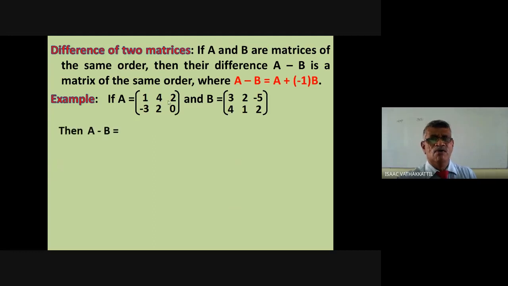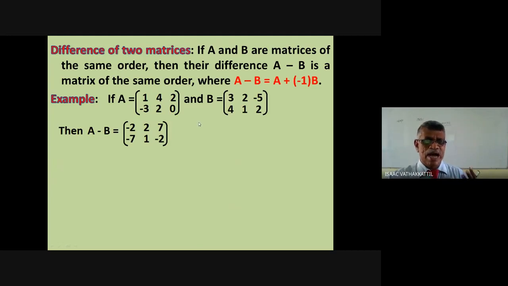Very simple. 1 minus 3, that is minus 2. 4 minus 2, that is 2. 2 minus 5, that is minus 3. Minus 3 minus 4, that is minus 7. 2 minus 1, that is 1. And 0 minus 2, that is minus 2. Very simple. Subtraction of matrices.